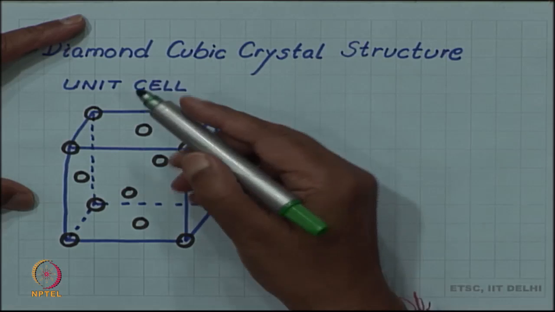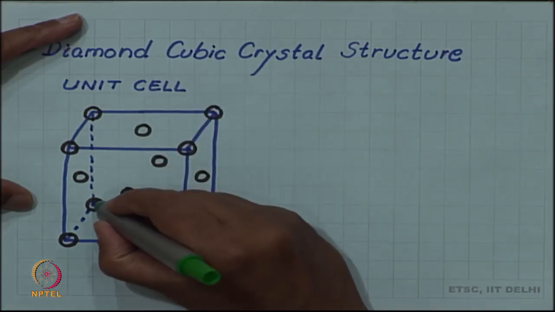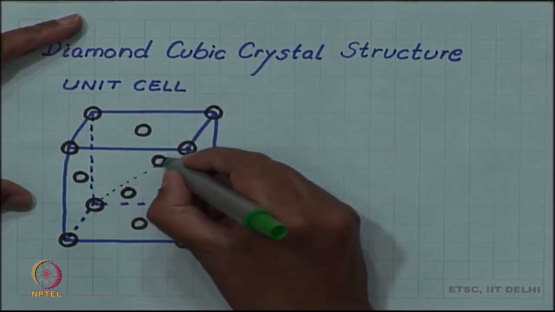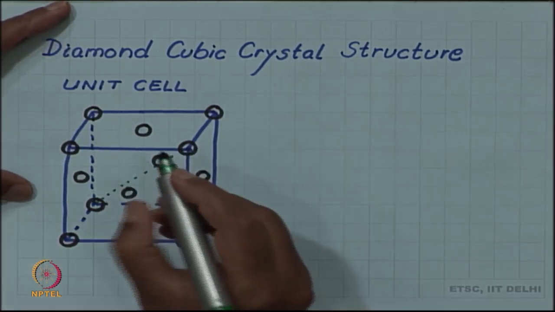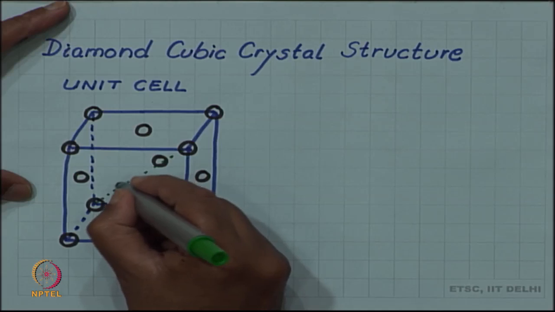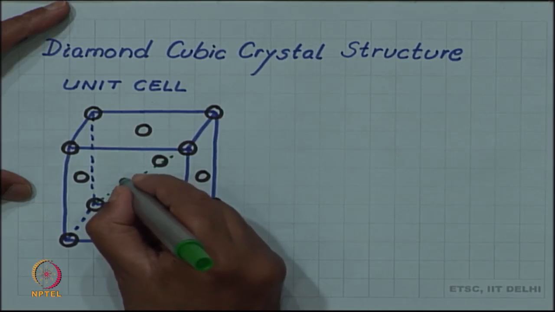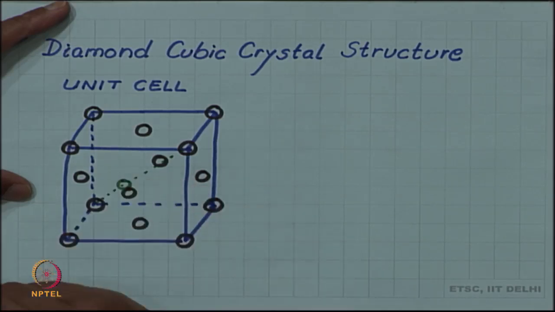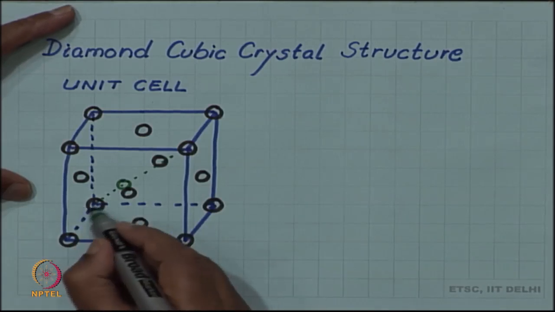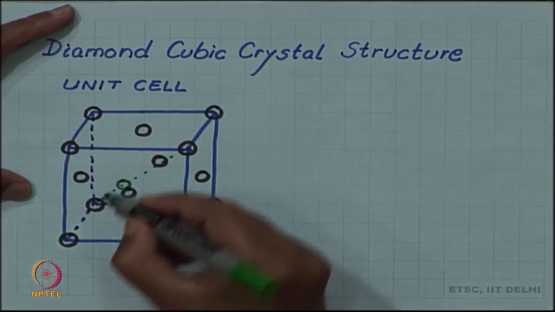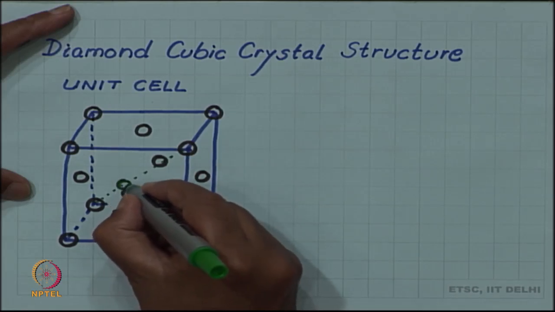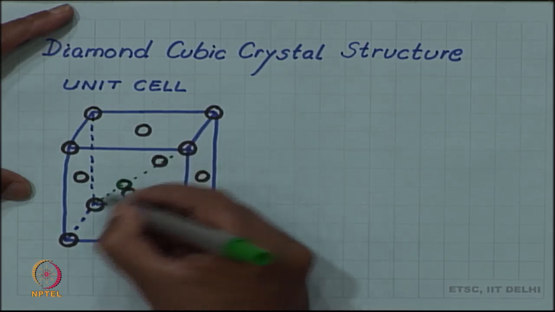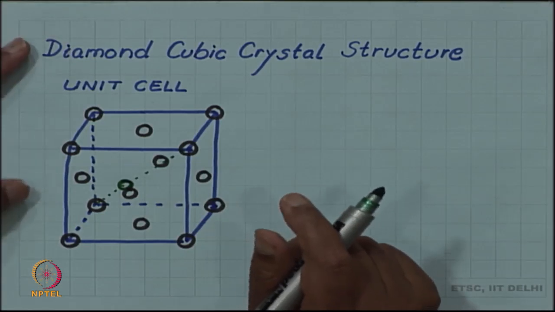So, let us identify the body diagonals. One body diagonal is emerging from here, and on each of the body diagonals the atom is either at 1/4 or 3/4 location. Starting with this corner I have drawn a body diagonal and I have located an atom at 1/4 of the total length of the body diagonal.